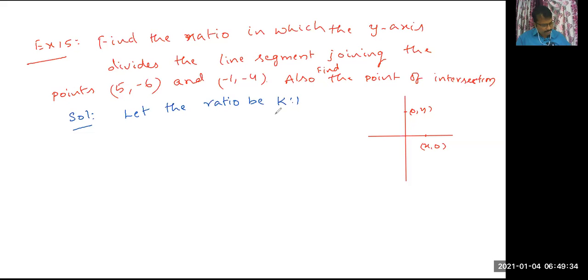The ratio in which P divides B is k is to 1. y యాక్సిస్ ని డివైడ్ చేసే రేషియో k is to 1. అది పేజ్ నెంబర్ 170లో ఉంది. అదే నేను రాస్తున్నాను.